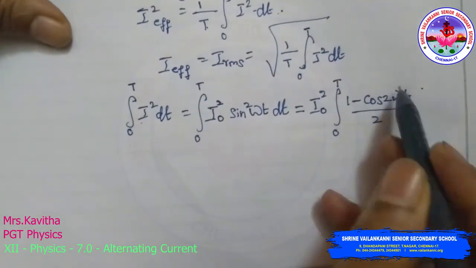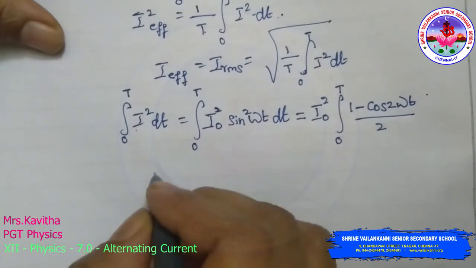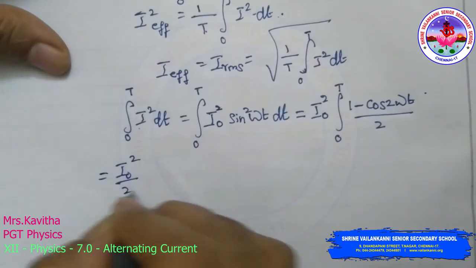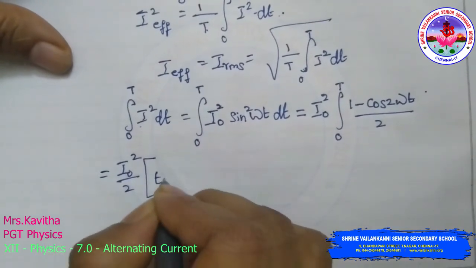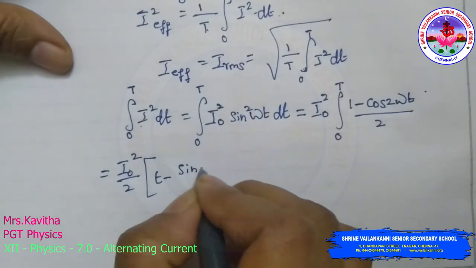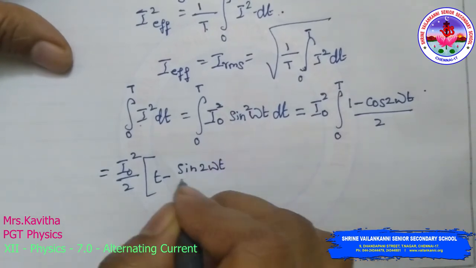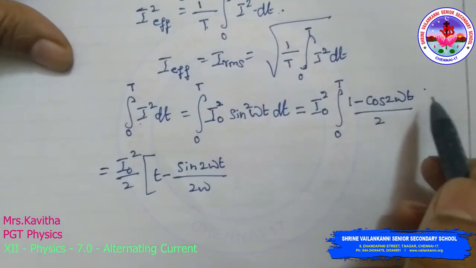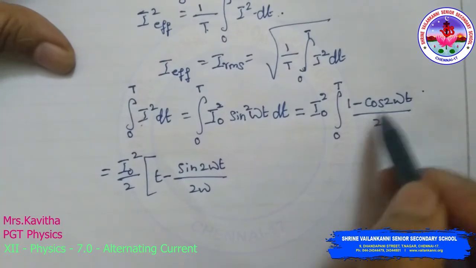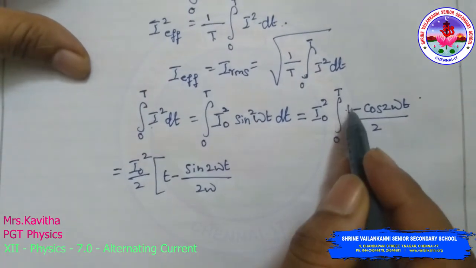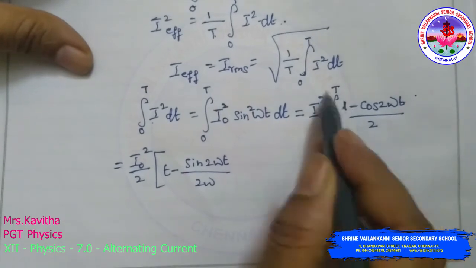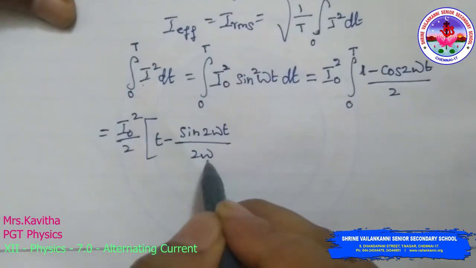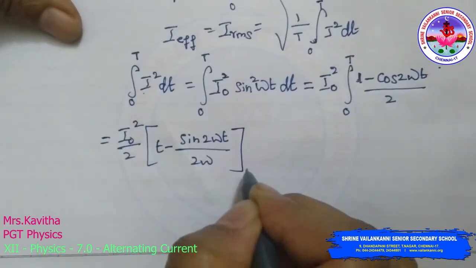Now applying the limits, that is I naught square by 2 into t minus sine 2 omega t by 2 omega, from 0 to T. Integrating 1 gives t, and integrating cos 2 omega t gives sine 2 omega t by 2 omega.